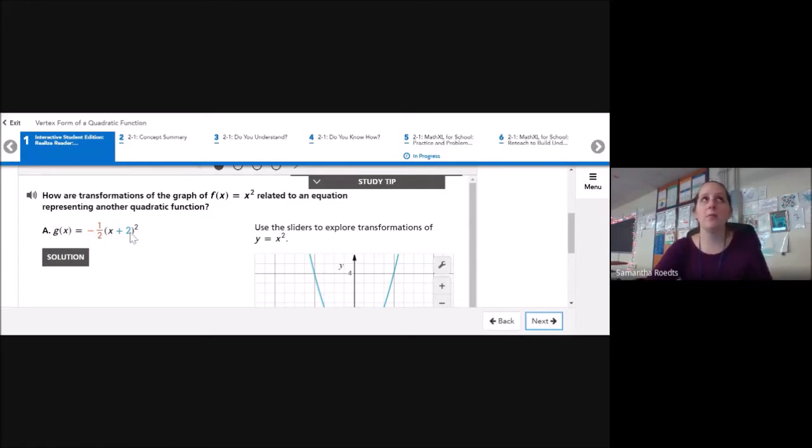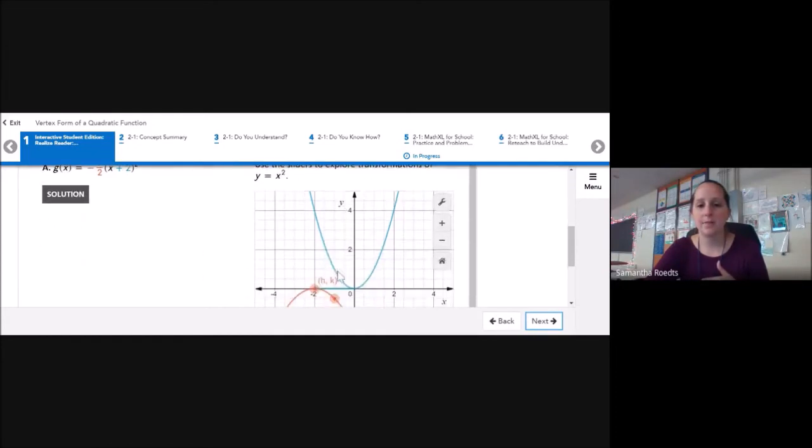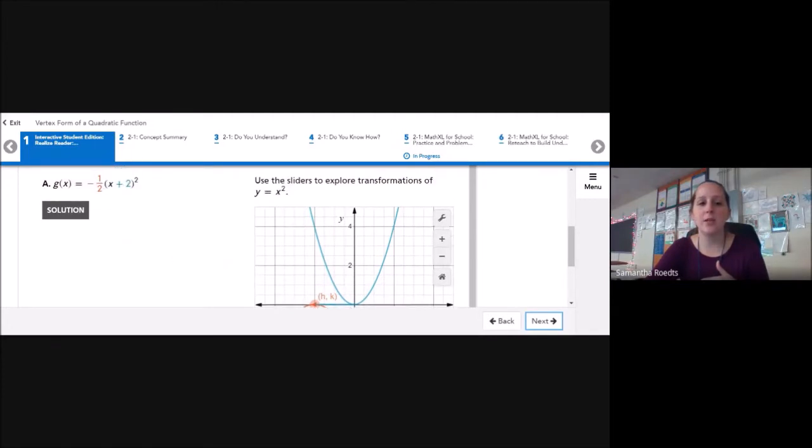So remember from the first unit, this told me, the inside told me if it was moving left or right. And this told me whether it was being stretched or shrunk, as well as my flip for reflection.